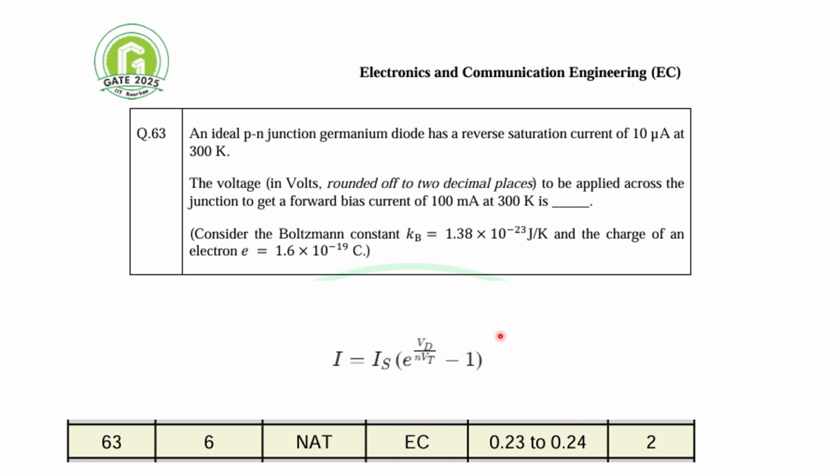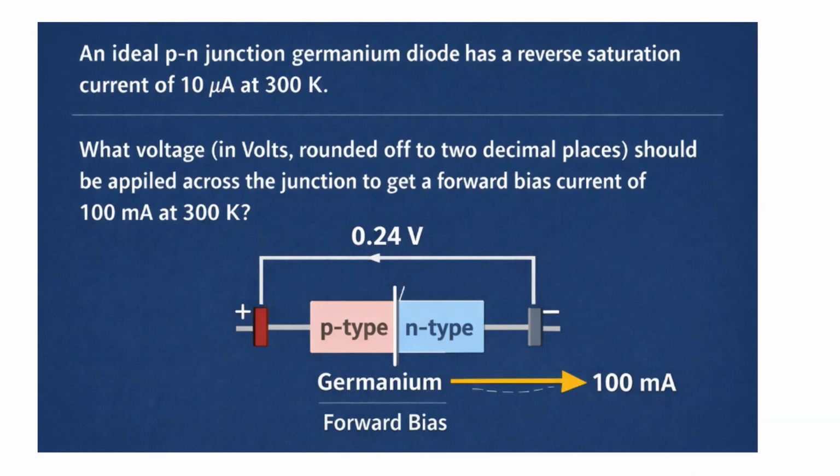Again, how can we calculate? We can use the current equation for this diode, where current equals Is, the reverse saturation current, times exponential of Vd by eta Vt, minus 1. We have already discussed this in the previous slide. Let's see how to solve. This is a normal germanium diode.